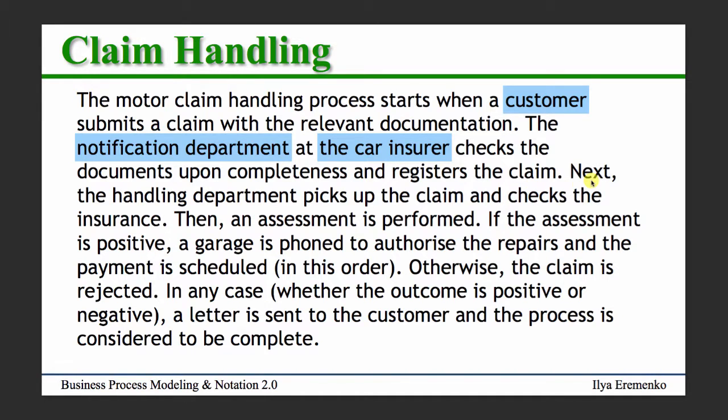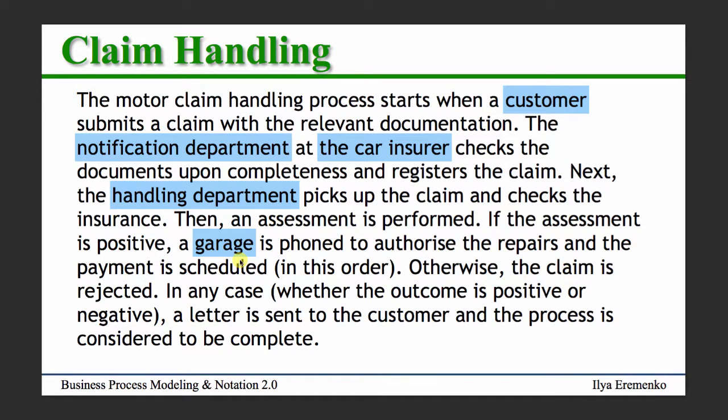Now in the next sentence we can see the third actor of this process, the handling department, which is going to be another lane inside the car insurer pool. And finally, if the assessment is positive, a garage is found to authorize the repairs and the payment is scheduled. So garage is going to be our last actor for this process.